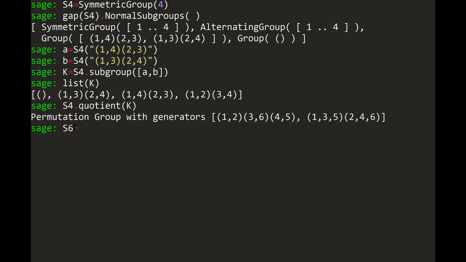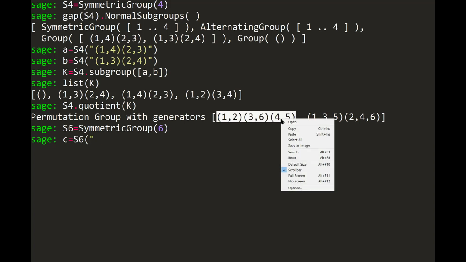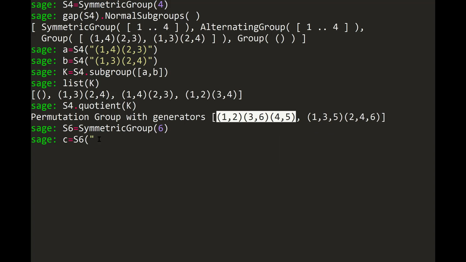Let's take S6 as the symmetric group on 6 symbols, and then we will define an element C in S6 as this element.